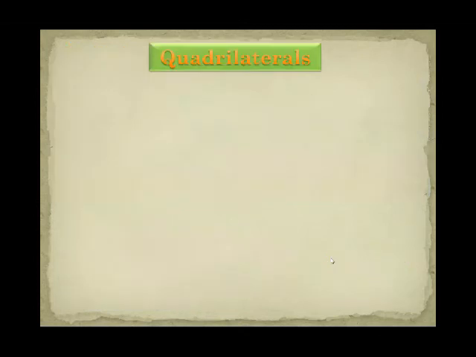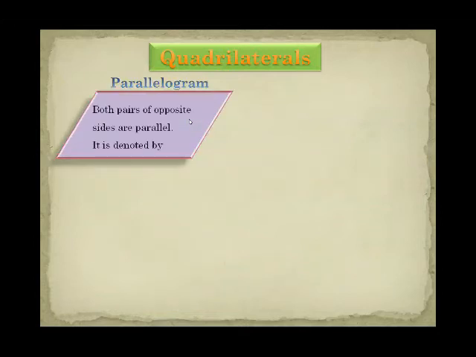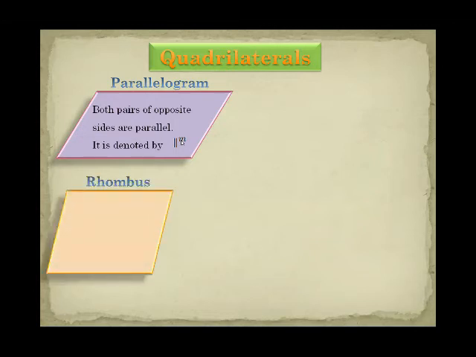Now students, we move towards the types of the quadrilateral. The first one is the parallelogram. Both pairs of opposite sides are parallel. It is denoted by this symbol. We write the parallelogram symbol like these two parallel lines. Now the rhombus.